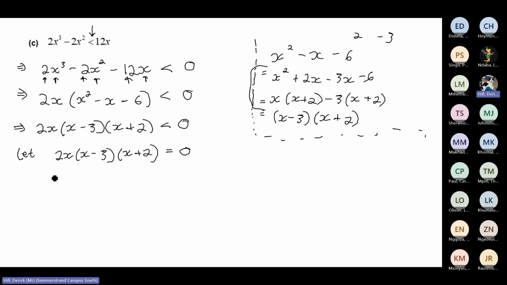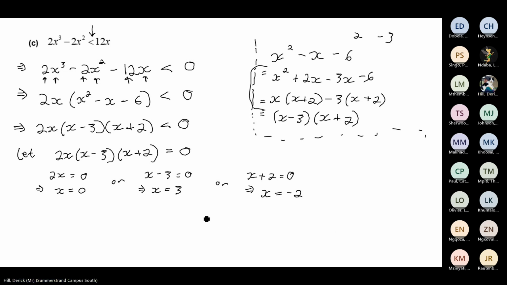So we know that it's when 2x is equal to 0, which means x is equal to 0, or when x minus 3 is equal to 0, which means x is equal to 3, because I add 3 on both sides, or when x plus 2 is equal to 0, which, if we subtract 2 from both sides, gives x is minus 2.